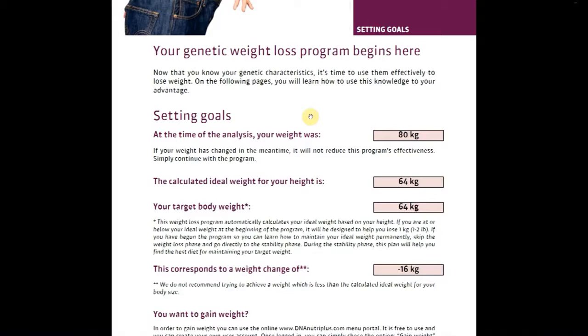Here you see the calculated ideal weight for your height. So the ideal body weight is determined by sex, body height. So it would be 64 kilograms for this person. It will be a different number for you. Now, you also had the option, when you ordered the test, to define your target body weight, the weight you wanted to reach. And this is down here. Now, you might have given a number.